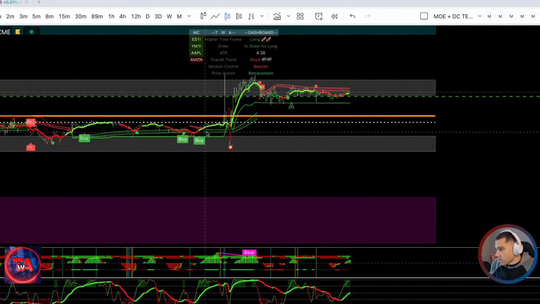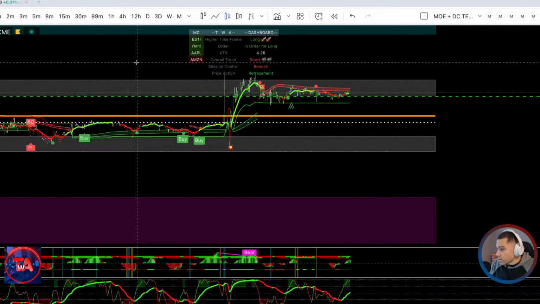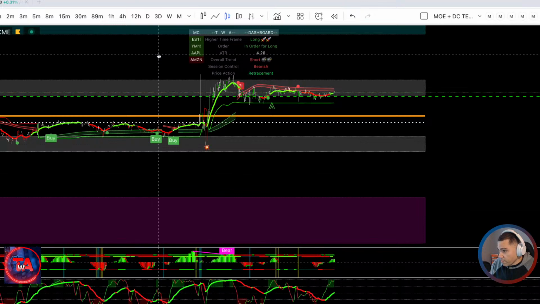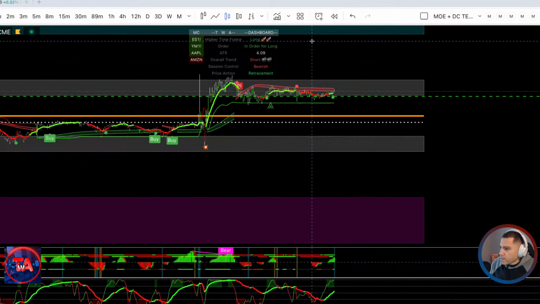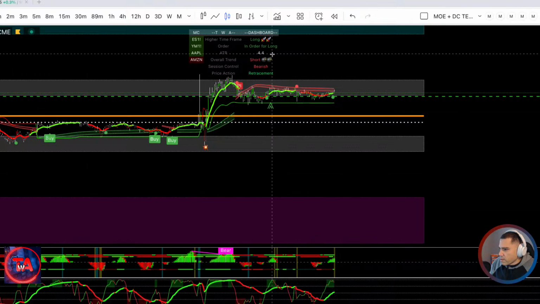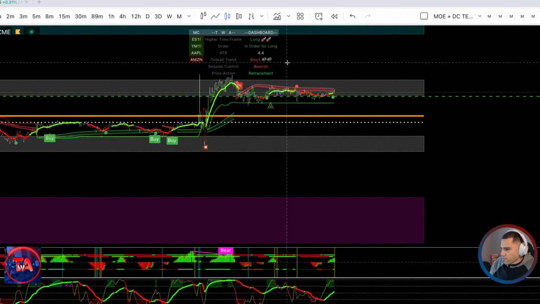Well, let's check also our TWA dashboard to see if it tells us any more information. This is the right now data. Higher time frames are long. The order is long, so we have green. Skip over overall trend.